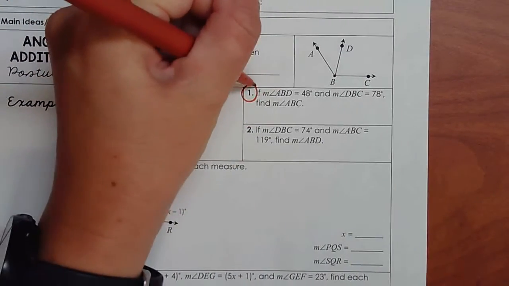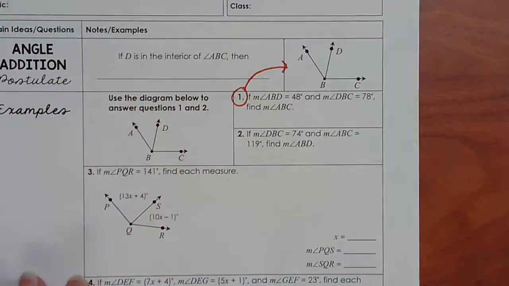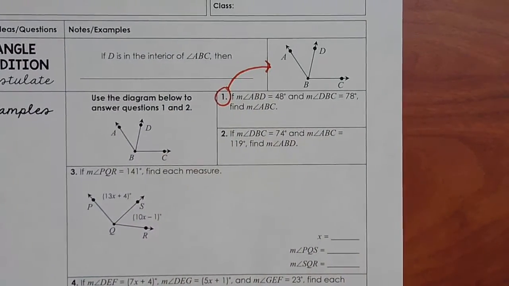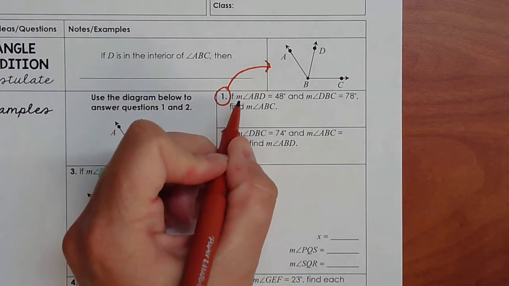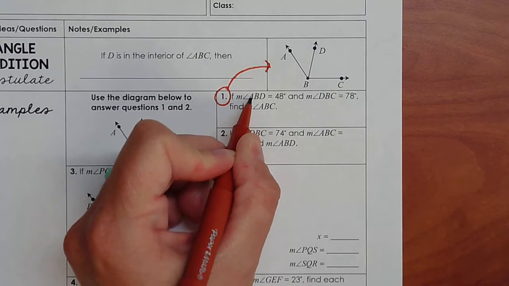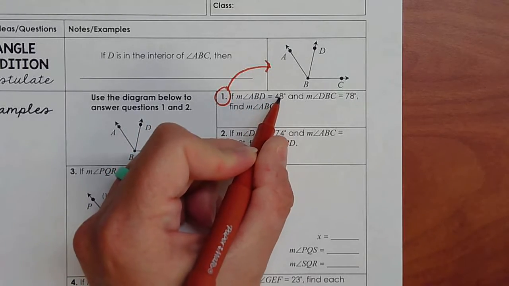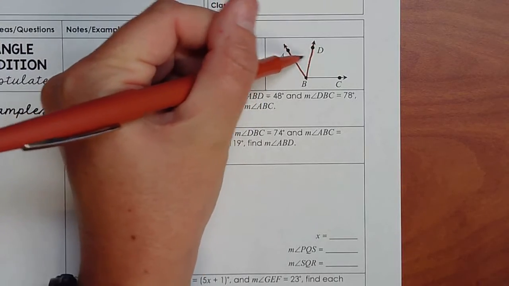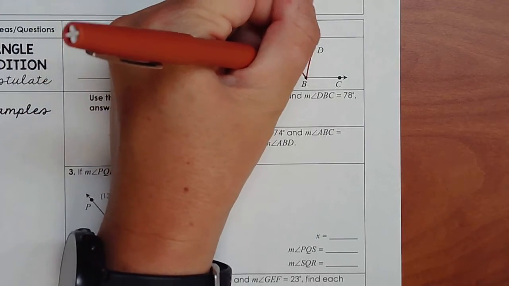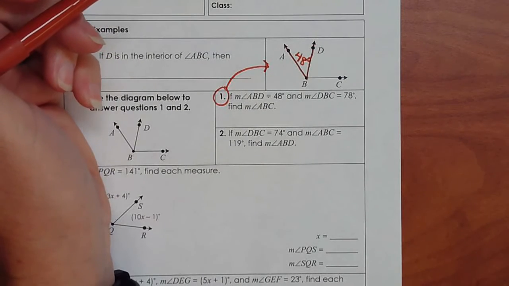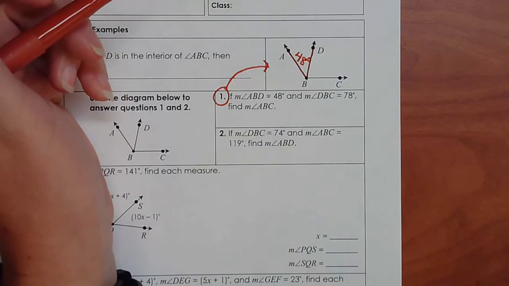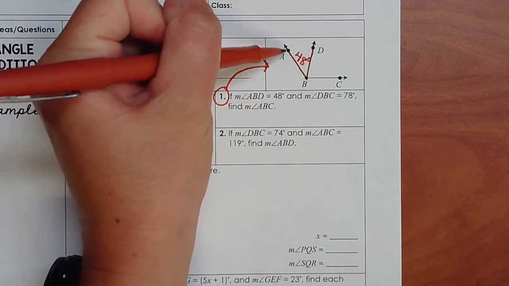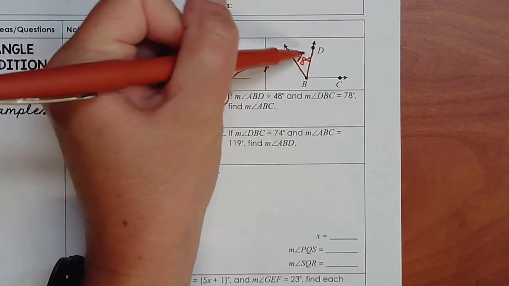So I'm going to do example 1 on this picture up here because they're the same. In example 1, the directions say if the measure of angle ABD equals 48, ABD from here to here is 48 degrees. I am a labeler. I am going to label my pictures every single time. And since we're talking about an angle, we're going to label on the inside. ABD is this angle right here.